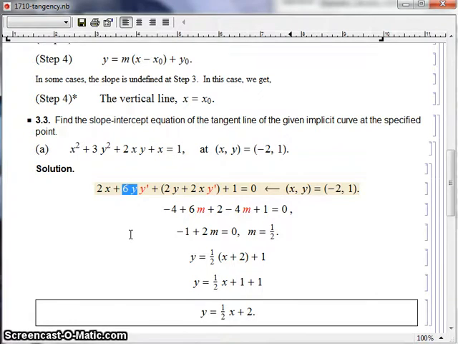Whenever you take the derivative with respect to y, you have to multiply by y prime. That is the essence of implicit differentiation. We're going to talk about the theoretical background on it later on. As of now, let us get ourselves familiar with this implicit differentiation technique.